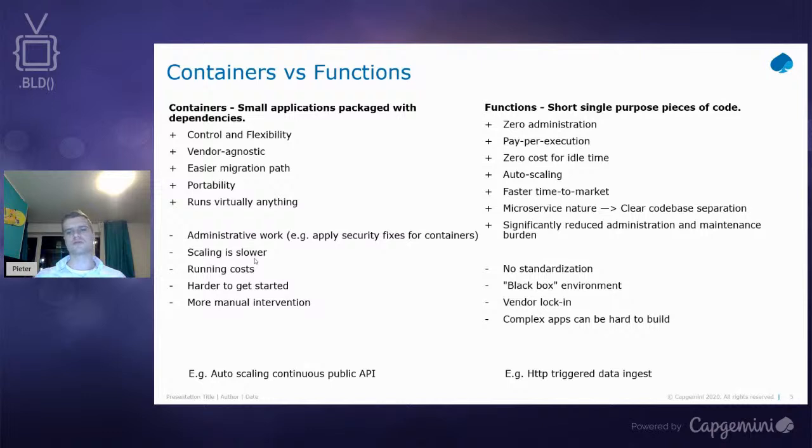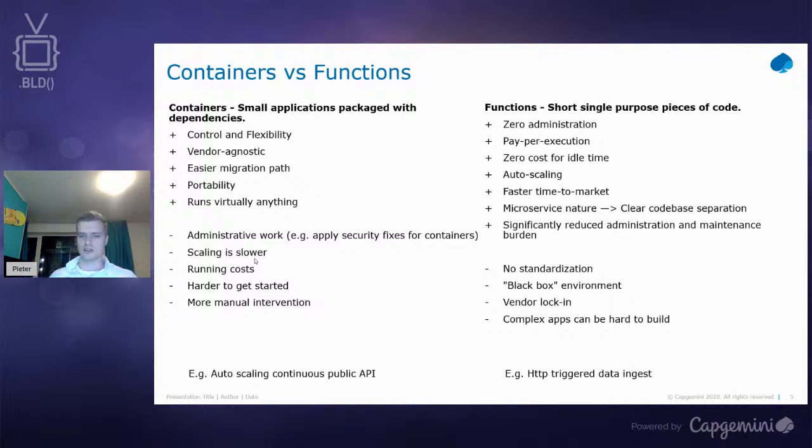The difference between containers and functions, I'm going to call them functions because we're talking about Azure, is pretty much that a container is a small packaged application with its dependencies, designed to be able to run full time or continuously. And functions are more supposed to be a short piece of code with a single purpose.